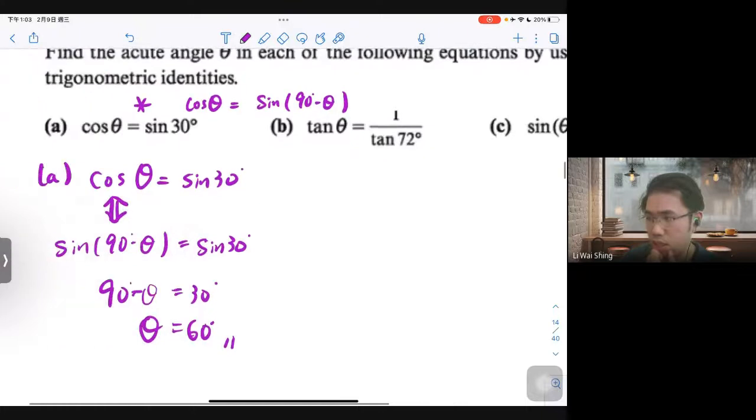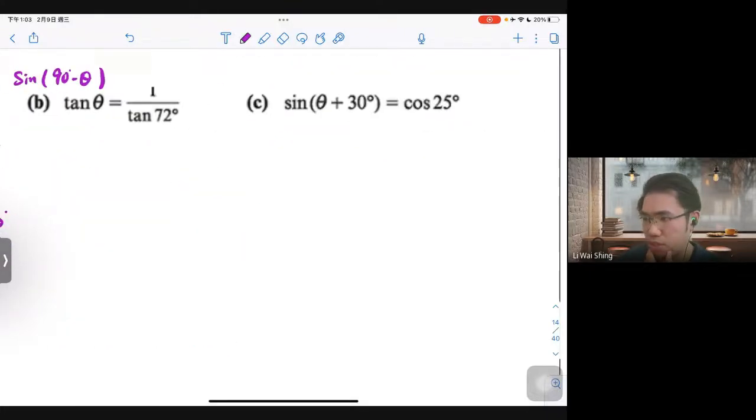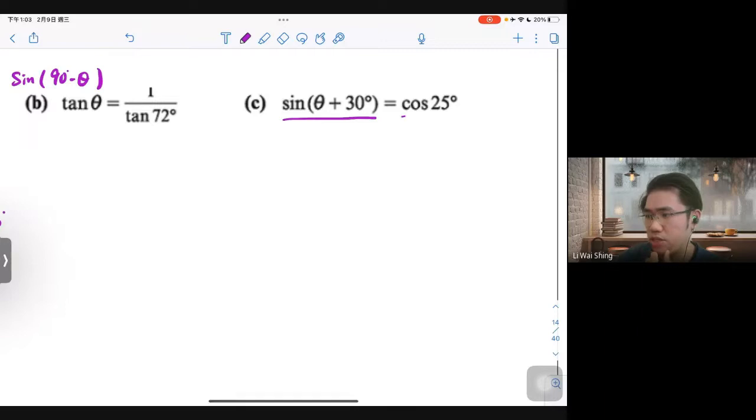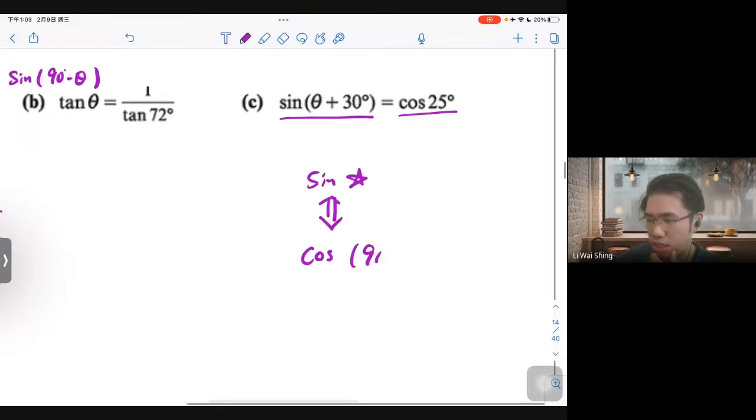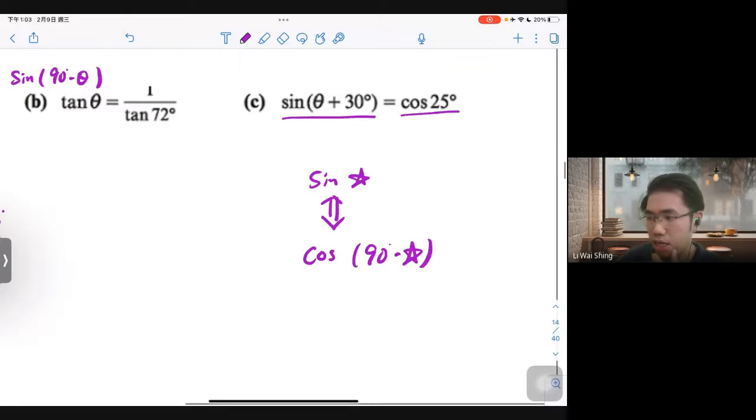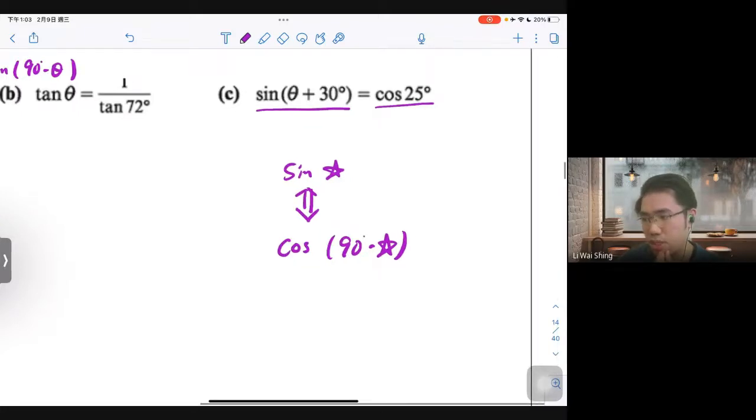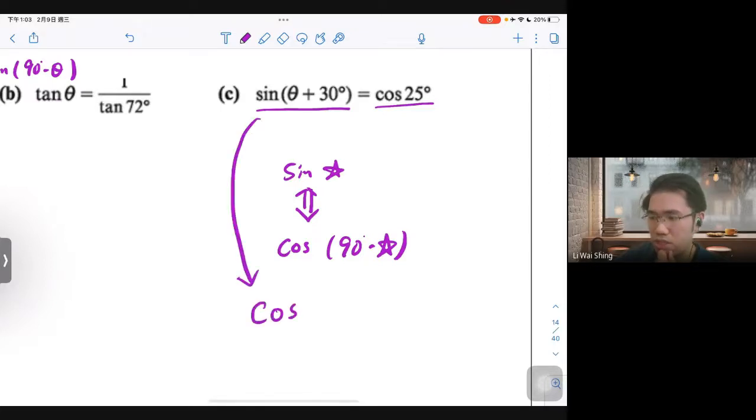Okay, let me skip a little bit. Jump to part C first. Sine theta plus 30 degree equals to cosine 25 degree. Think. Sine star can also be written as cosine 90 degree minus star. Sine of something equals cosine 90 degree minus that thing. Sin theta is also cosine 90 degree minus theta. Cosine becomes sin, sin becomes cosine. So in order to write it as a cosine, you can write it as 90 degree minus the thing inside.